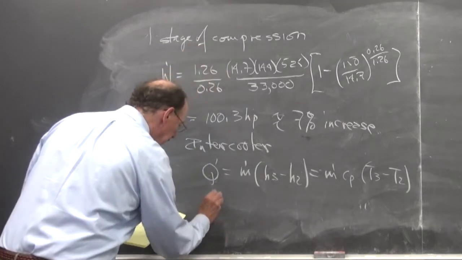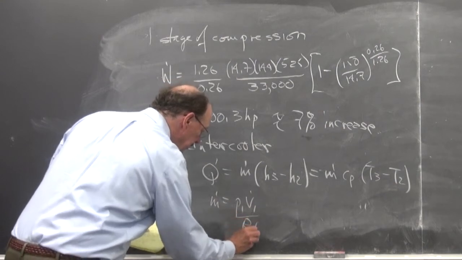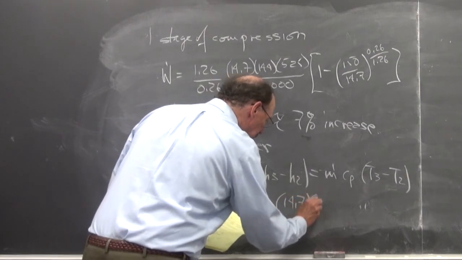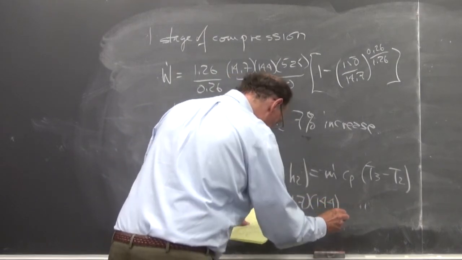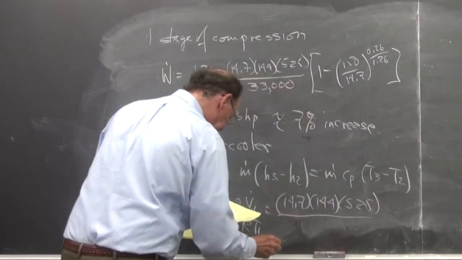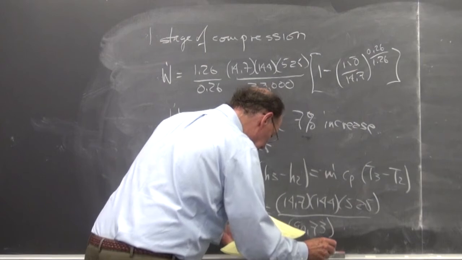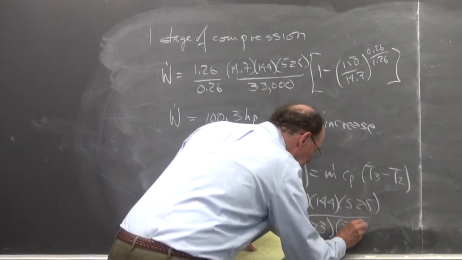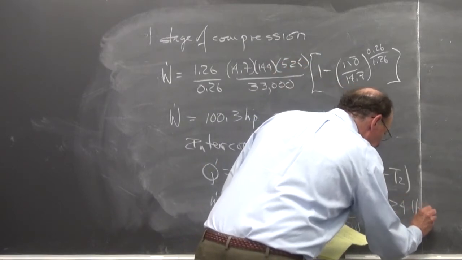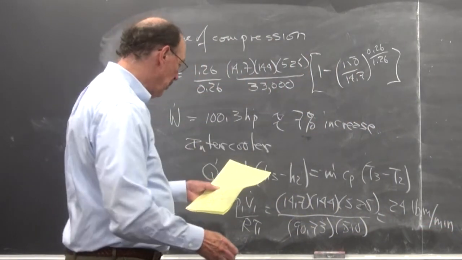M dot is equal to P1 V1 dot over RT1, 14.7 times 144 times 525 divided by 90.3 times 510. So that's going to be equal to 24 pounds mass per minute. So that gives us the mass flow rate of the ammonia going through there.